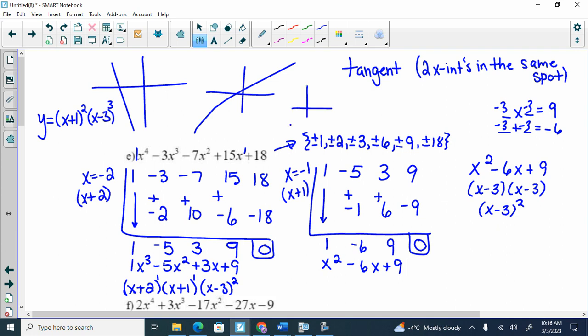It'll either look like this when you have a 3, or it'll look like this when you have a 3. This is called a point of inflection. It's when you have 3 x-intercepts in the same spot.